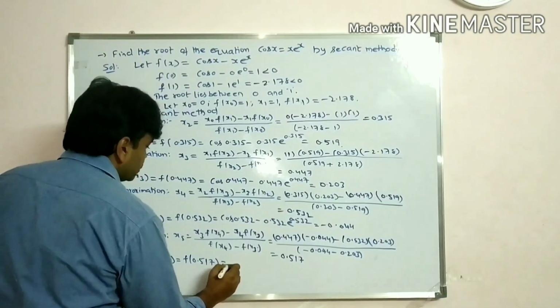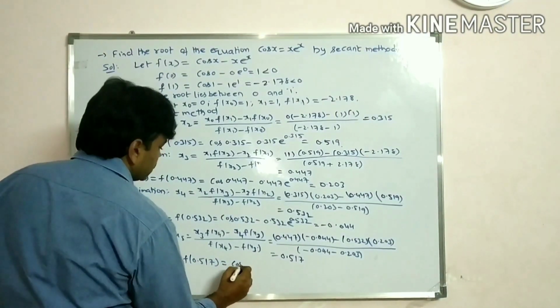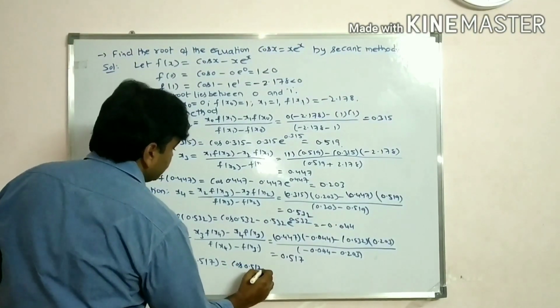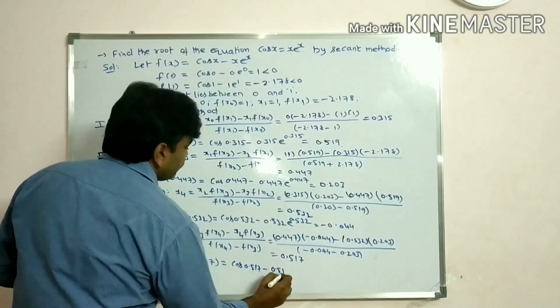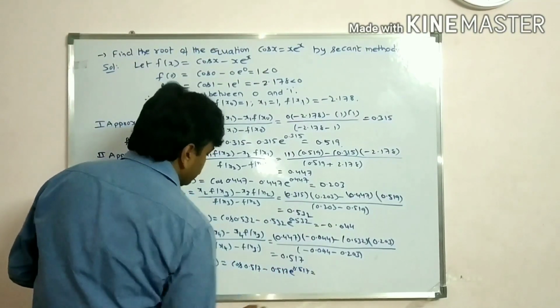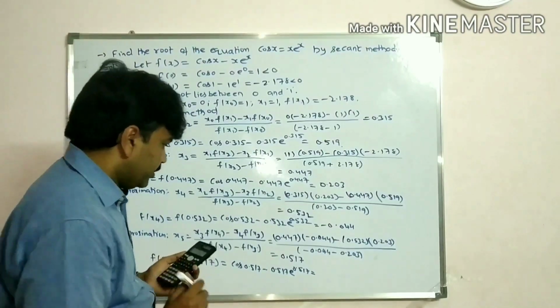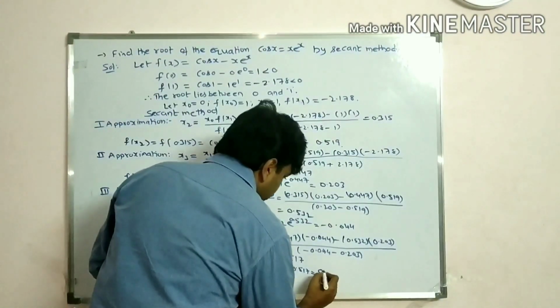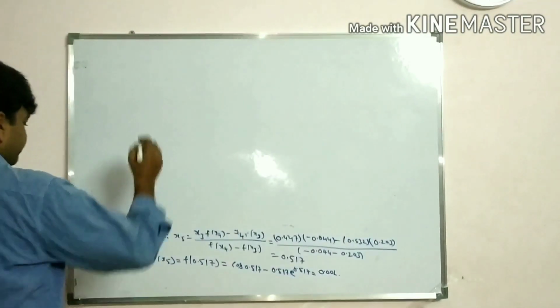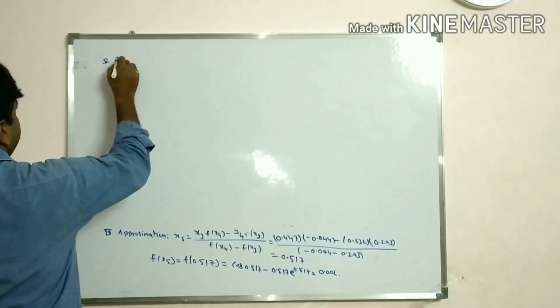So f of x5 value is 0.517. That is equal to cos 0.517 minus 0.517 e power 0.517. So that is equal to, we get here 0.002. Go to fifth approximation, students.